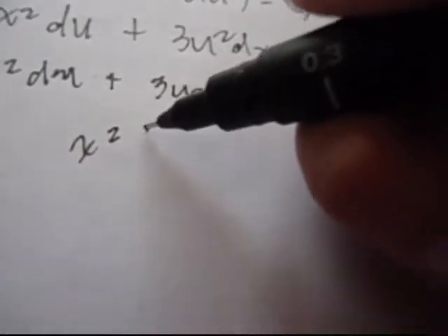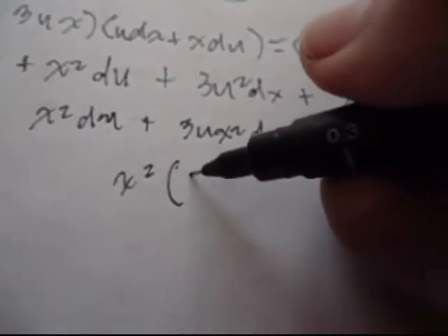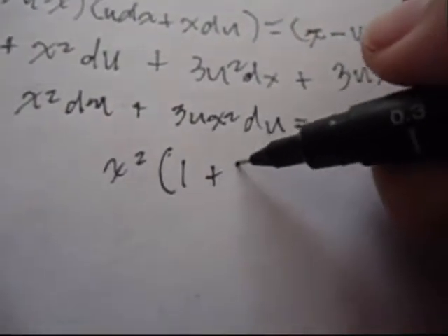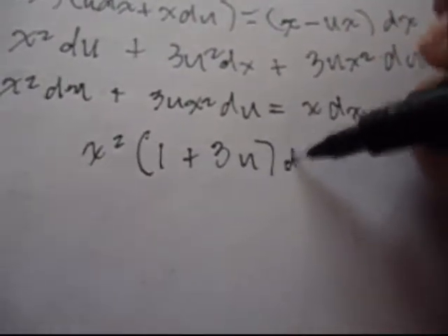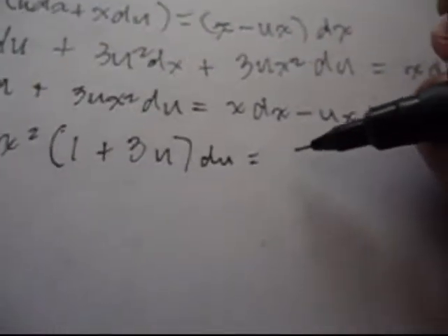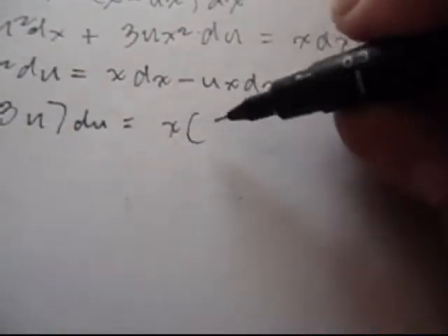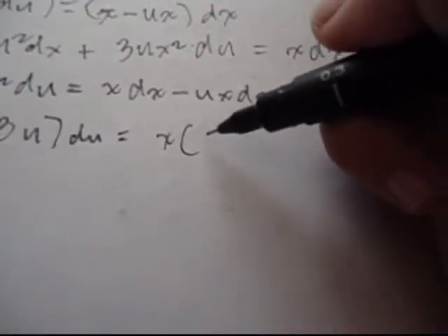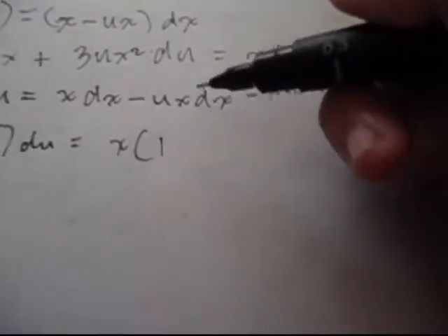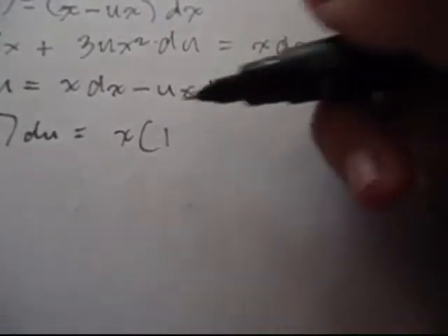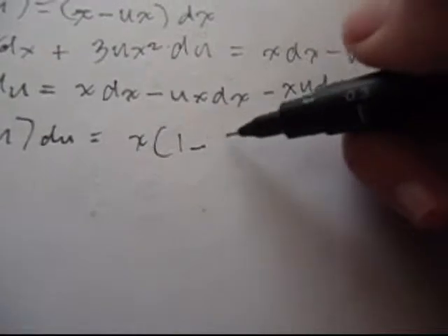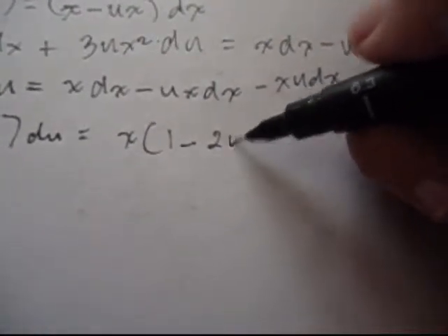So we will have x squared times 1 plus 3u du equals, here the common factor is x and dx, so we have x times 1, and these terms are similar, so we will combine them, so it will become minus 2ux.